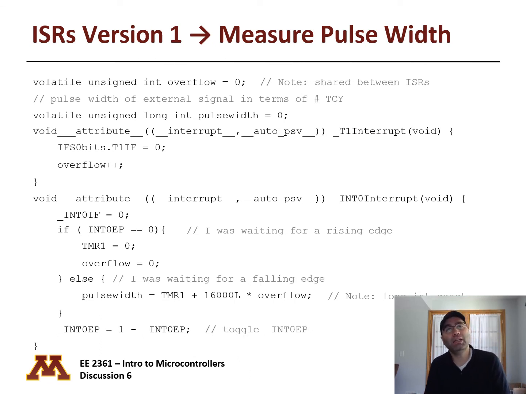So again, in the main function, there was nothing in the main. It was just counting up. There was nothing going on there. So let's look at multiple versions of ISRs.